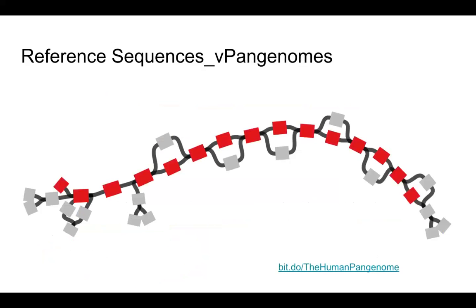I want to talk a little bit about pangenomes. I don't want to belabor this point, but basically the idea of pangenomes is instead of aligning everybody to a single reference point, we can make pangenomes of a bunch of people. Often these are expressed in graphs. This is a very simplistic graph of GRCh38 running through a bunch of primate genomes.